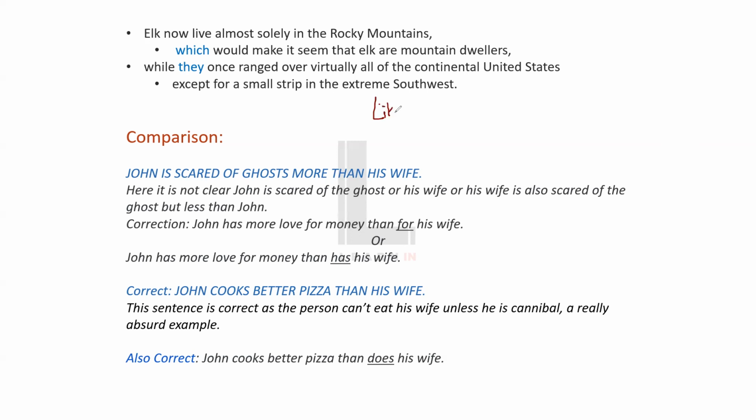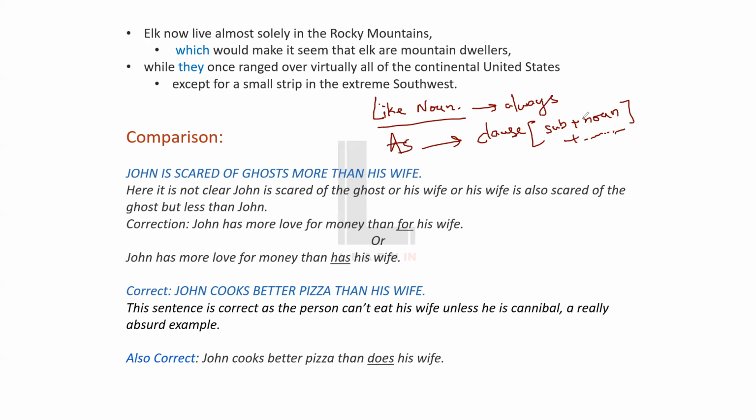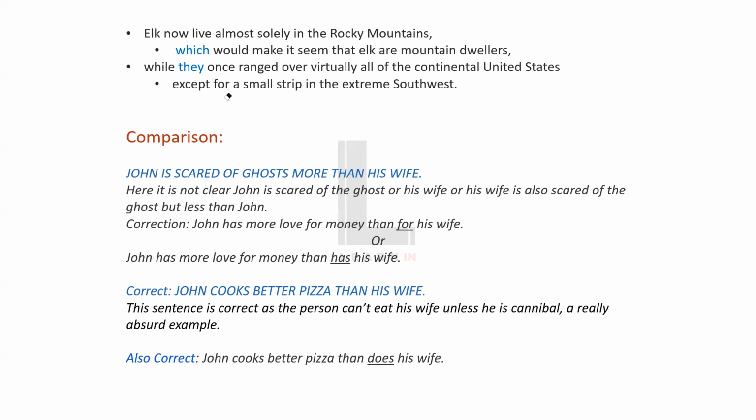Like follows a noun always, and as would follow a clause always. What is a clause? Clause is subject plus verb. There might be something else also afterwards, but that does not matter to us. Whichever sentence has subject and verb is called a clause. Let us see some example sentences.